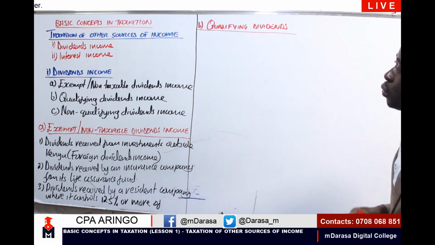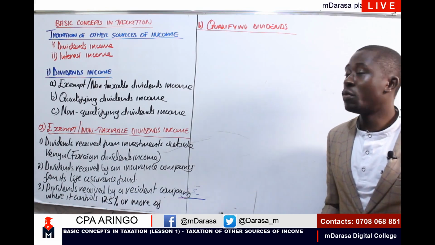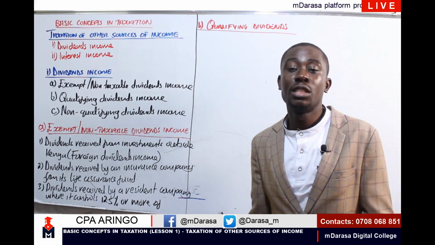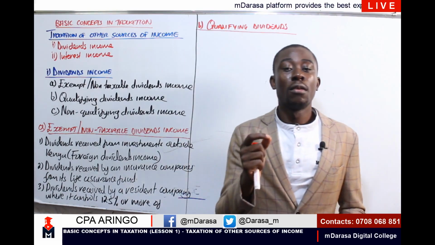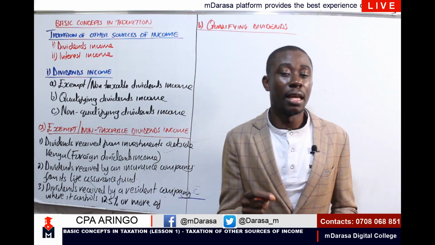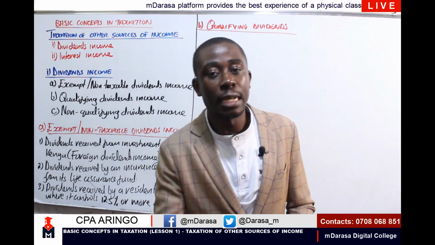At this point, we'll just be looking at dividends that are subjected to withholding tax at the rate of 5%. And this withholding tax is a final tax.